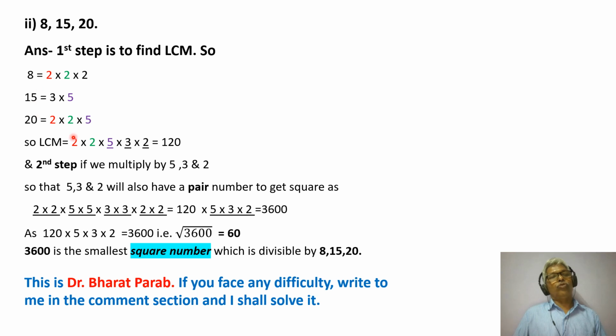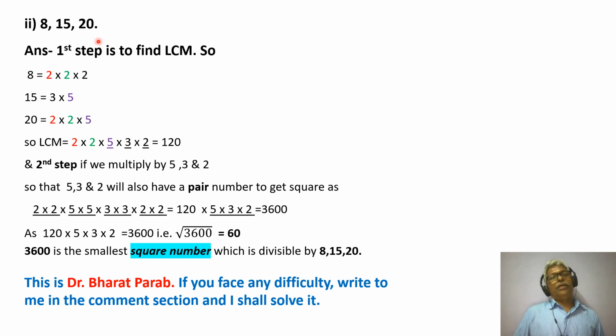So for these two you are taking only one, for these two you are taking only one, for this 5 you are taking only one, and what remains is this 3 and this 2. So if you multiply, you get 120, this is the LCM, least common multiple. Okay, so 120 is divisible by 8, by 15 and by 20.